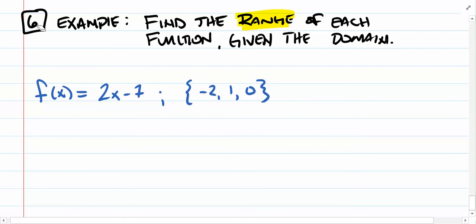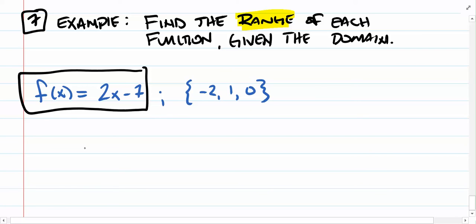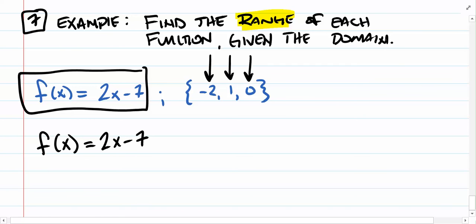And then the last box, which would be box number 7, because I mislabeled them, would be an example. It says find the range of each function given the domain. So here I have a function, and it is read f of x is equal to 2x minus 7. And I'm supposed to use these individual domain points, these are my domains, to find the range.